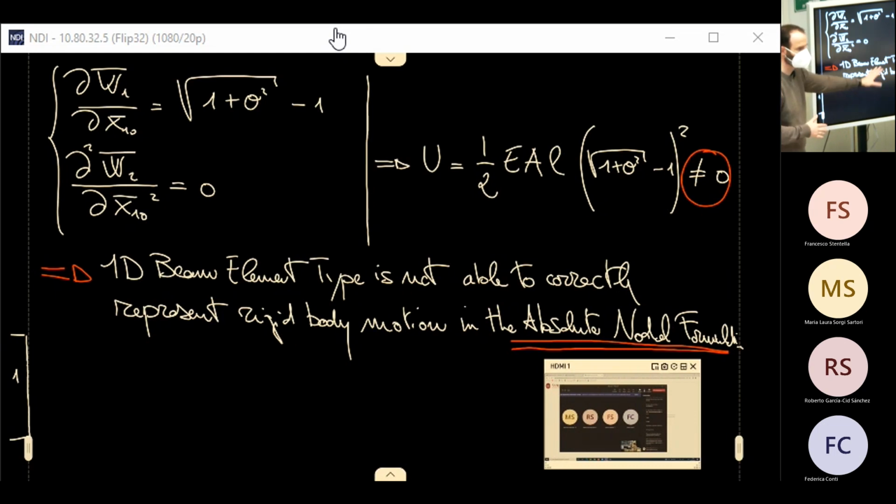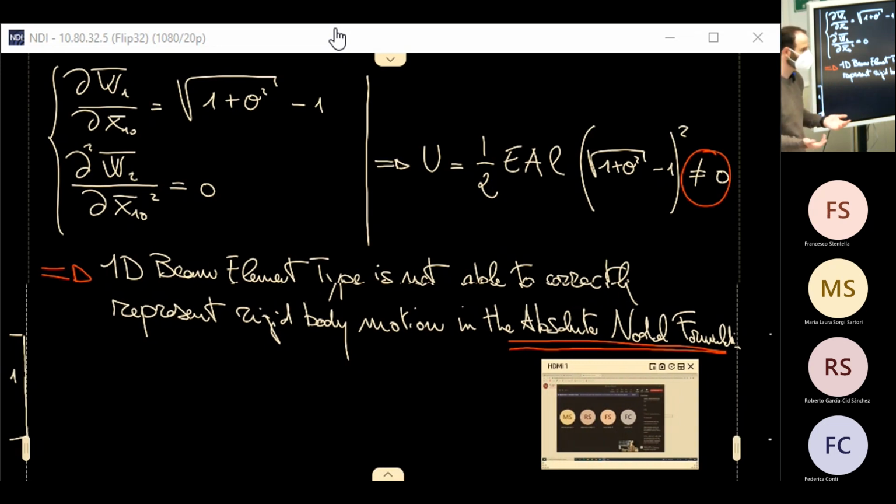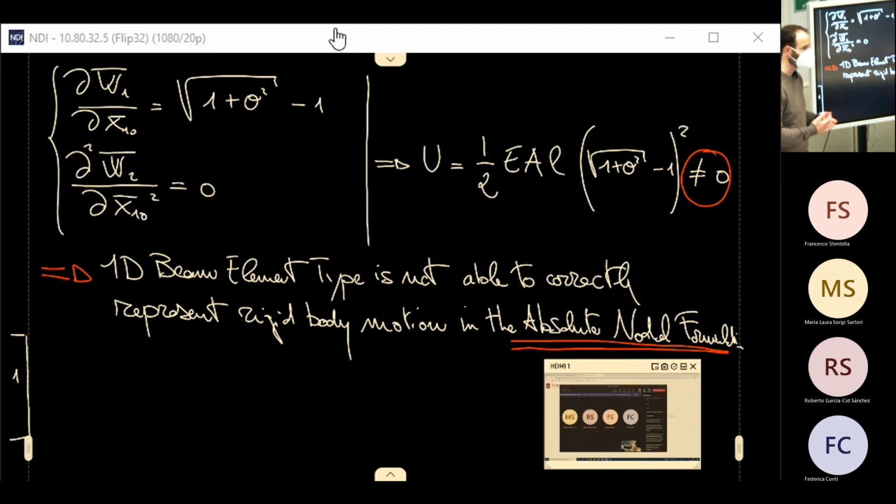So the shell elements are just like that. They are not 3D elements. They typically feature rotational coordinates, and they are very useful for the things that we said yesterday, for example, to implement constraints and boundary conditions easily. But they have this problem.